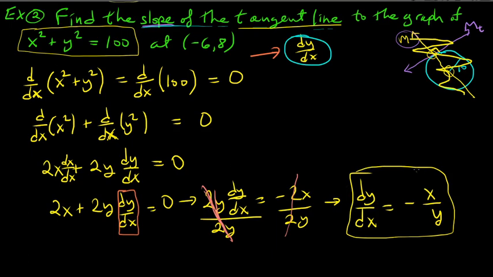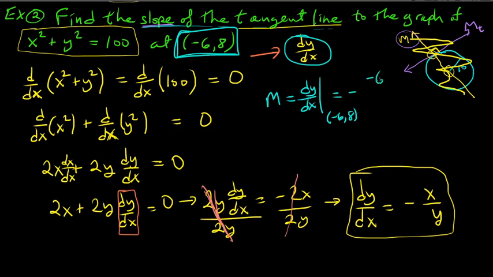At what point, though? We're looking at the point negative 6, 8. So what's my m? My m is going to be the derivative after I plug in x equals negative 6 and y equals 8. So let's do that. This x is negative 6 and y is positive 8.